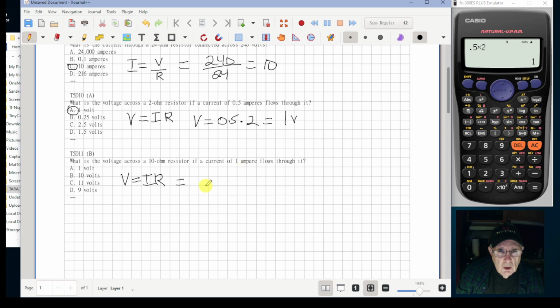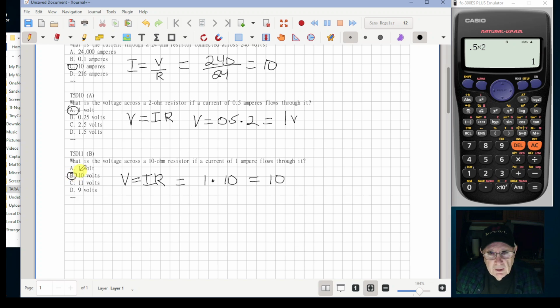Our current is 1 amp times our resistor of 10 ohms. And again, we don't really need a calculator even to verify this. 1 times 10 is 10. 1 times any number is whatever the number is. And there's our choice right there.